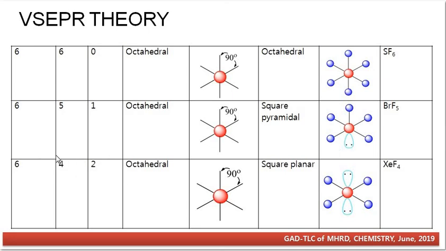And if we have four bond pairs and two lone pairs in octahedral electron pair arrangement, the molecular geometry will be square planar, for example XeF4 molecule. Here both the lone pairs of electrons will occupy positions at 180 degree angle.